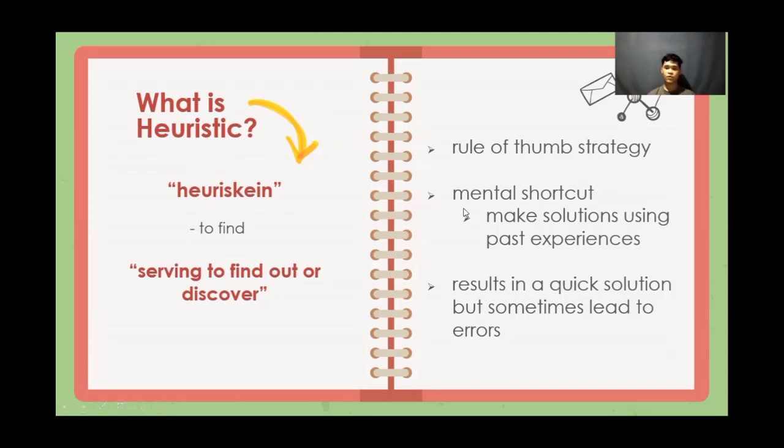That's why it's sometimes called a mental shortcut. You only make decisions based on them rather than performing calculations or doing a step by step process or procedure. The methods of heuristics result in a quick solution but sometimes lead to errors.